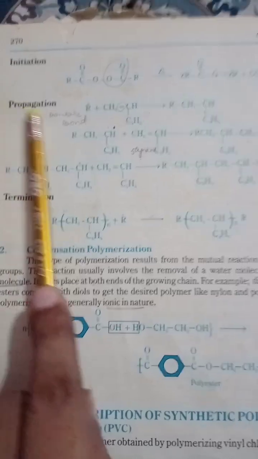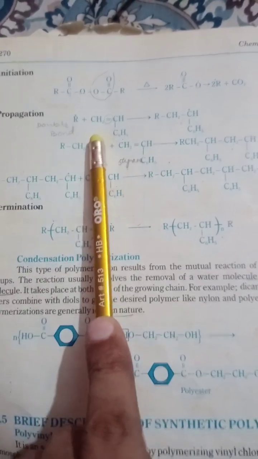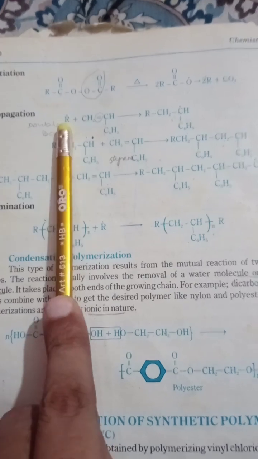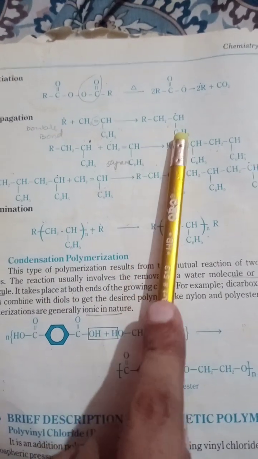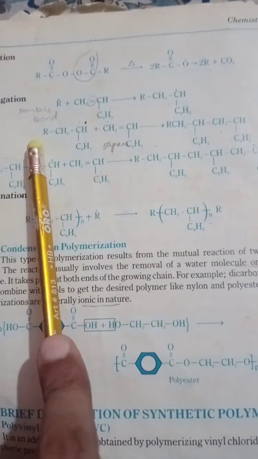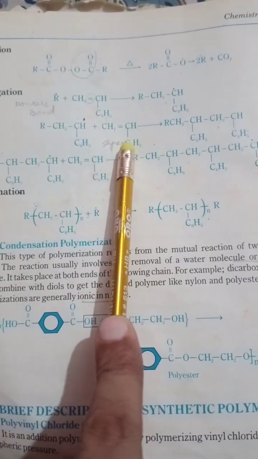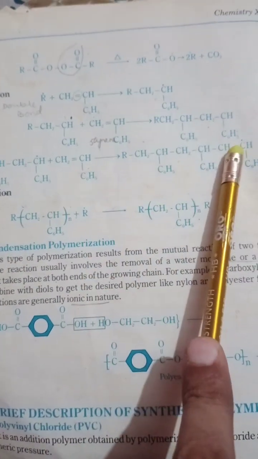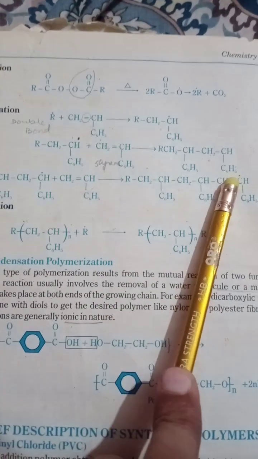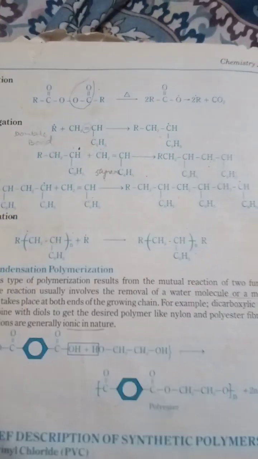Then the propagation: the styrene reacts with this free radical alkyl group and converts it into this free radical. The next free radical again reacts with the styrene and converts it into this type of compound, which also contains a free radical.